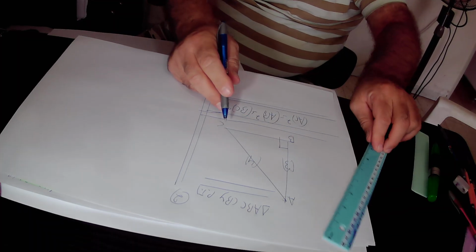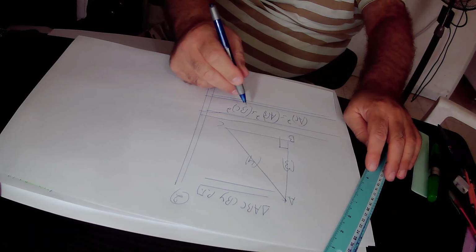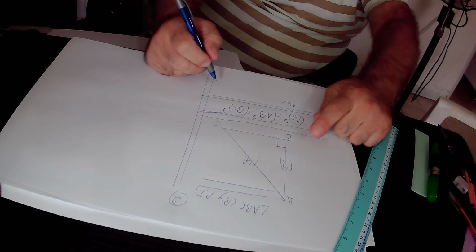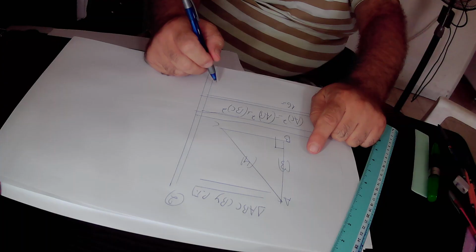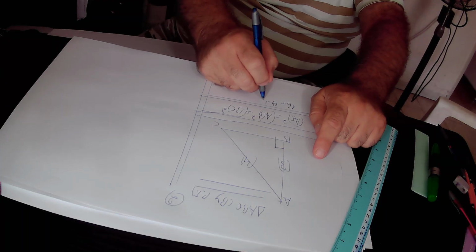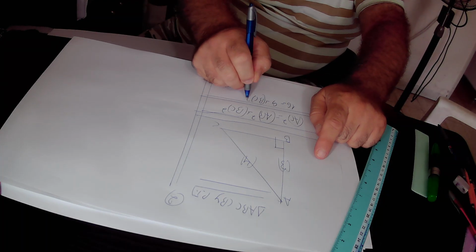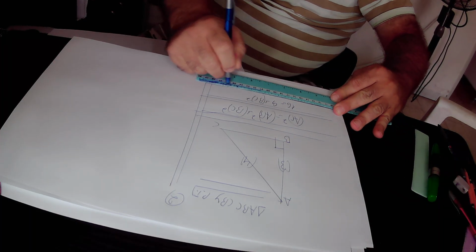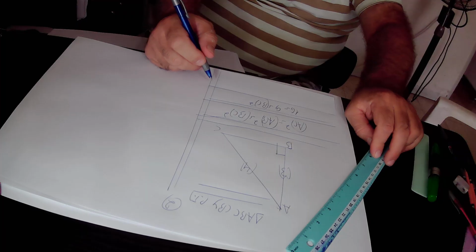AC is 4, therefore AC squared is 4 squared, that is 16. And it equals AB squared. AB is 3, therefore AB squared is 3 squared, that is 9. Plus BC squared. BC is the missing side, so we leave it as it is. So in total we have 16 equals 9 plus BC squared.